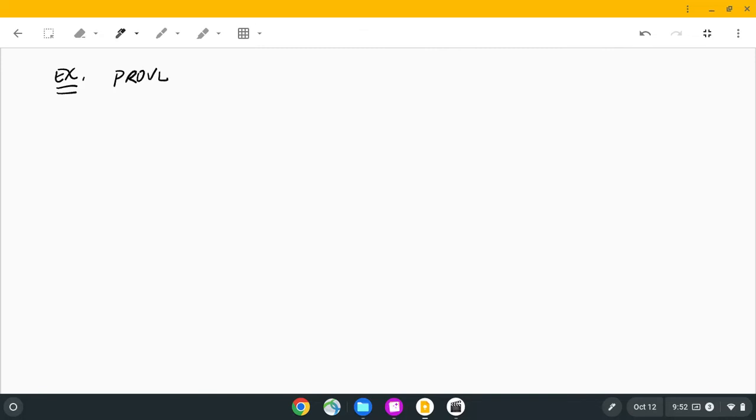Prove tangent x plus cosine x equals sine x times secant x plus cotangent x. Let me rewrite that. They both look kind of complex, both sides, so just pick one.